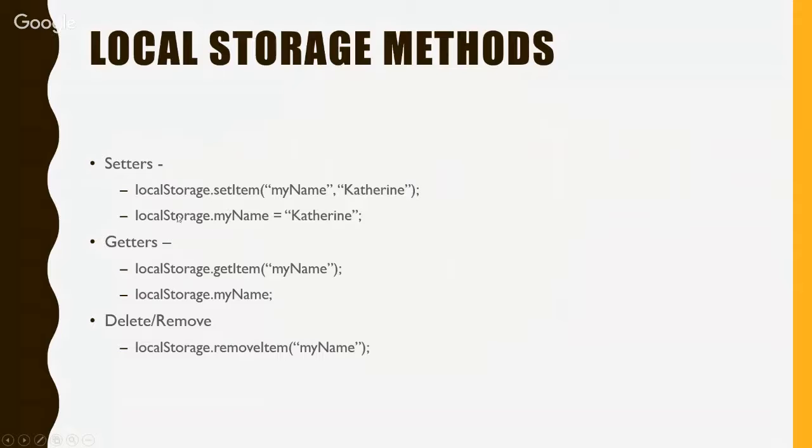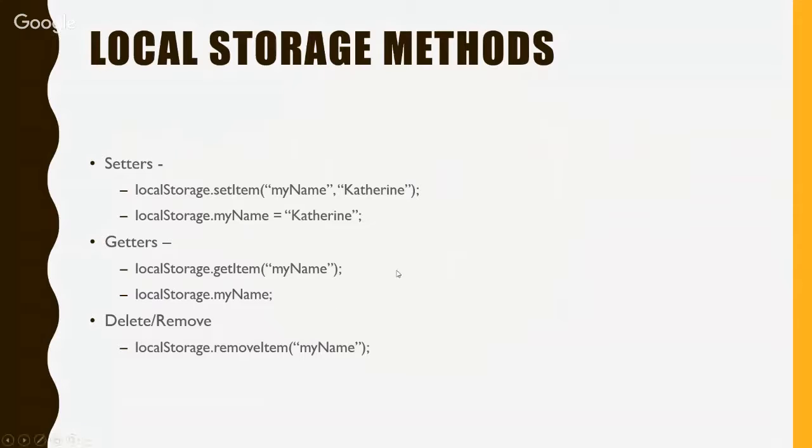Or you can explicitly use the dot operator with the key and then the assignment operator and the value. And that's pretty similar for the getter. You can use either the getItem method or the dot operator on the key.